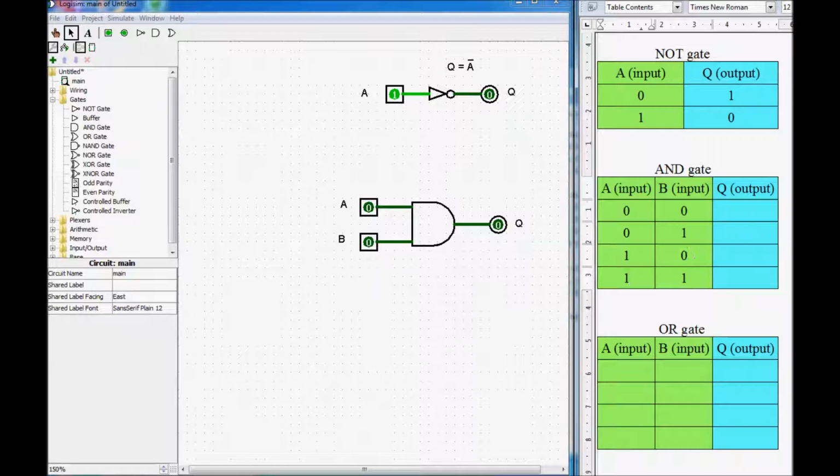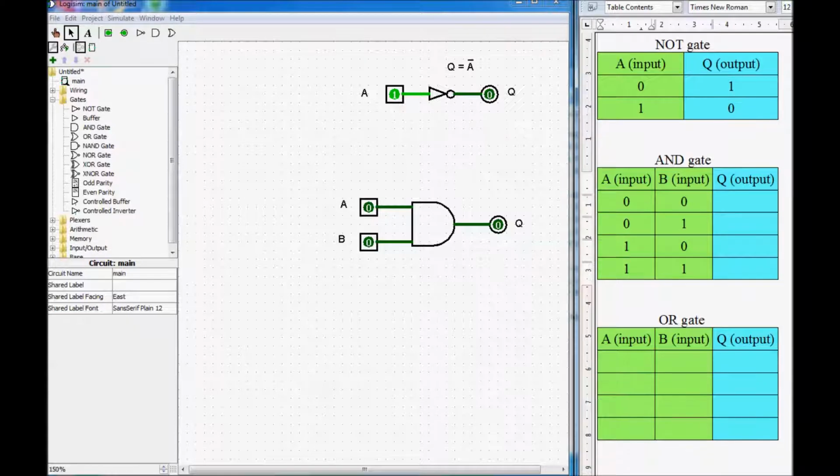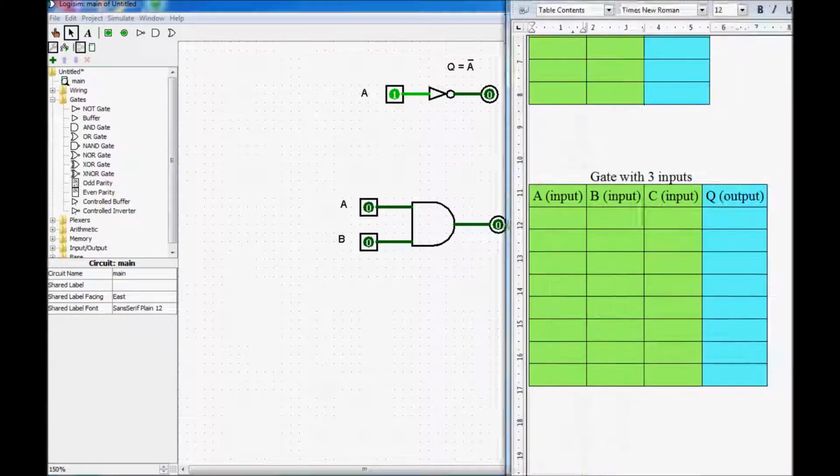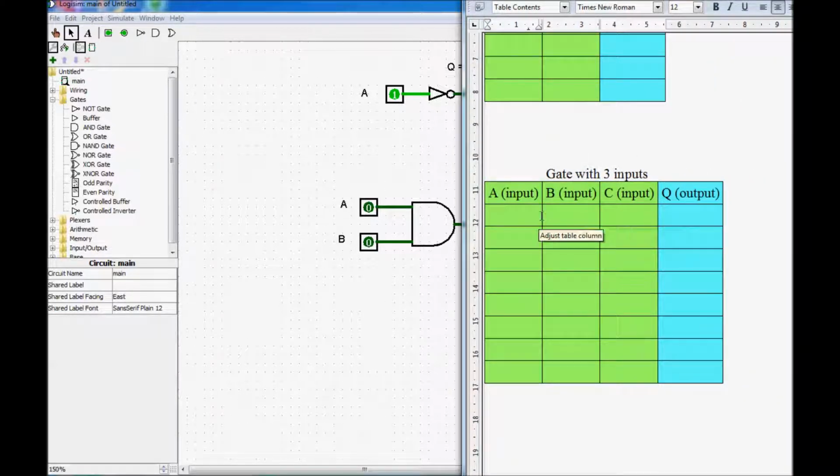And for example, if we had a gate with 3 inputs, like in this table, then we would fill out this table like this: 0, 1, 0, 1, 0, 1, 0, 1.